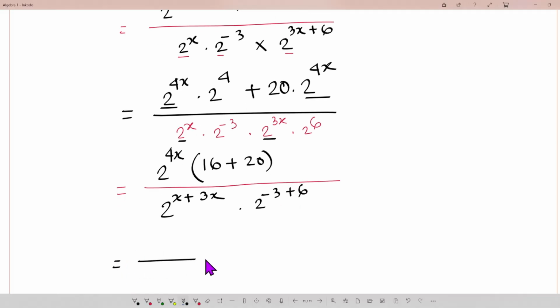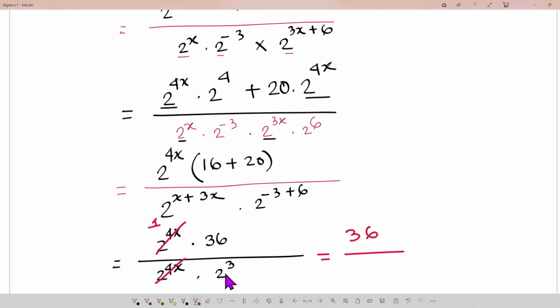Then 2 to the power 4x times 16 plus 20, it will be 36, and here is 2 to the power 4x times 2 to the power minus 3 plus 3, it will be 3. Now look, here 2 to the power 4x and here is also 2 to the power 4x, we can divide. So here is 1 and here 36 and 2 to the power 3 means 8.